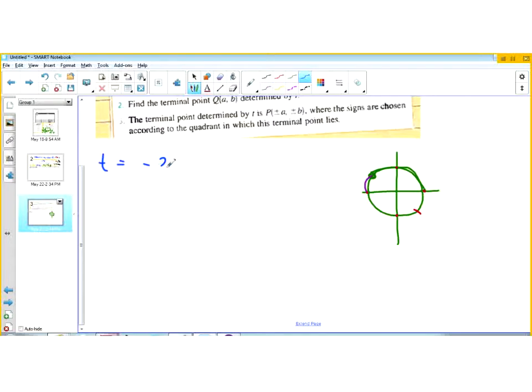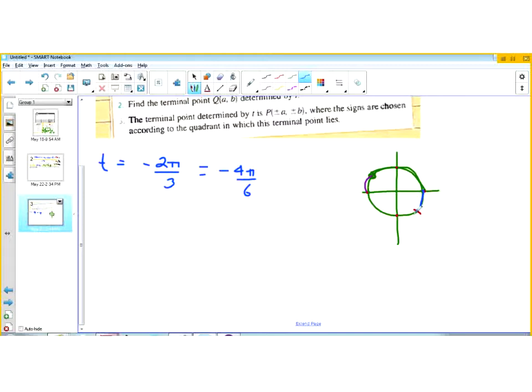So t is equal to negative 2 pi over 3. That means we're going clockwise now. So this would be pi halves radians going clockwise, which is 3 pi over 6. Okay, so negative 2 pi over 3 is what? Negative 4 pi over 6, right?